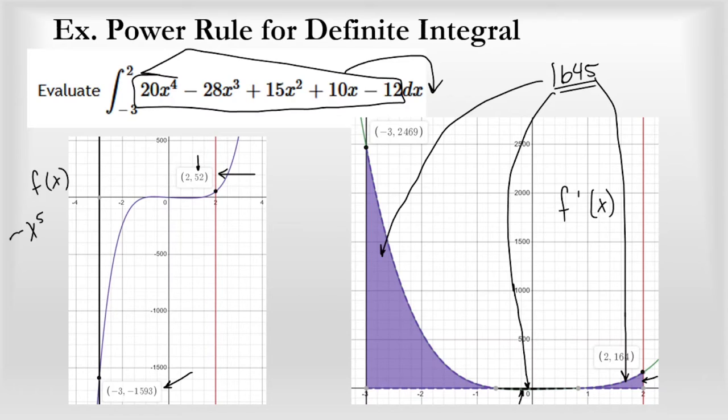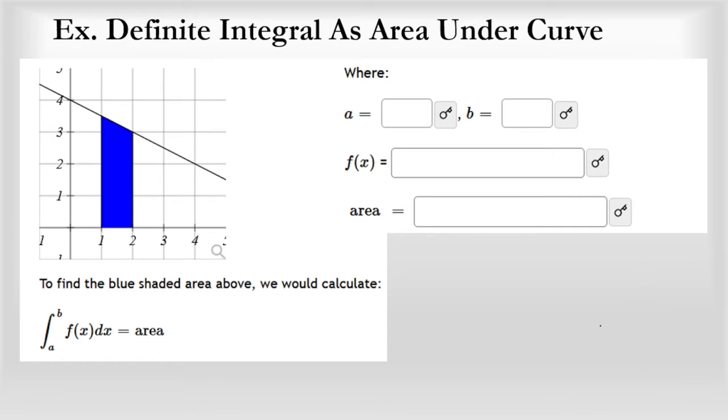I wanted to highlight the area under the curve again. This is another type of problem that you'll see in your homework maybe. And it wants us to find the area of this blue shaded region. Okay, great. I know geometry, right? I can figure this out.